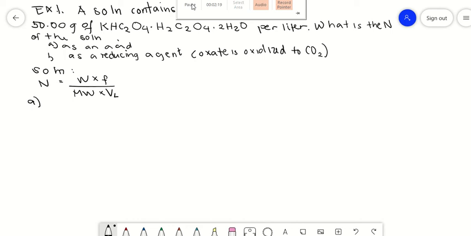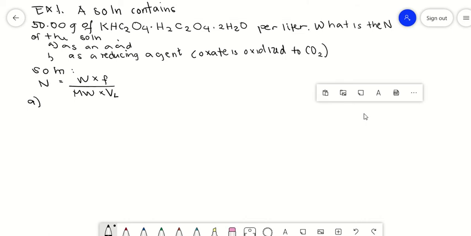So in this problem, we are asked to solve for the normality of potassium tetroxalate. It is called a tetroxalate since we have here 3 oxalates. So this is potassium tetroxalate. What would be the normality of the solution as an acid and as a reducing agent?